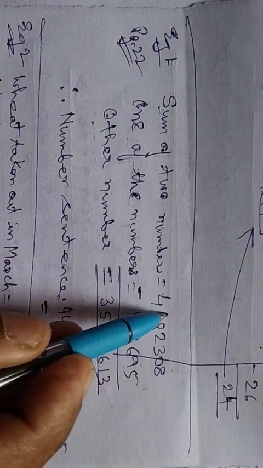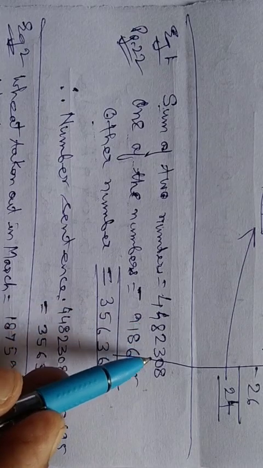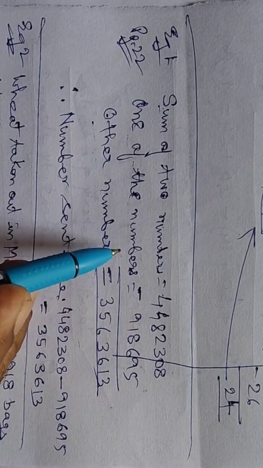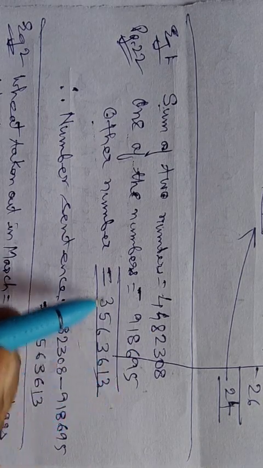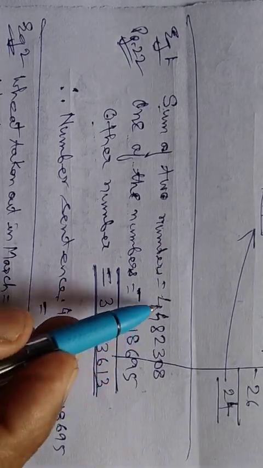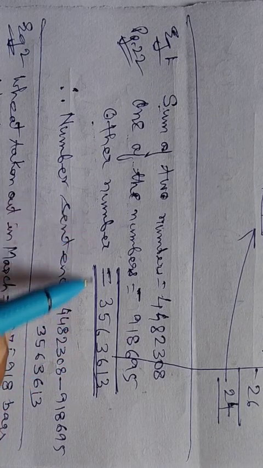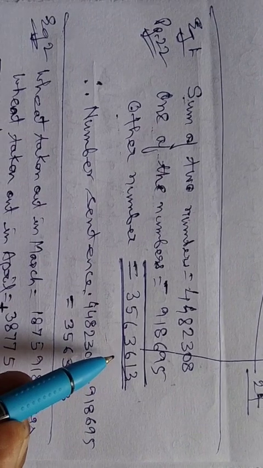You write the first sum of two numbers, that is 4482308. Then, children, one of the numbers, that is the given number, write below that 918695. Now, after subtracting this number from the sum, you will get the answer, that is the other number, 3563613. So this is your, children, second number.